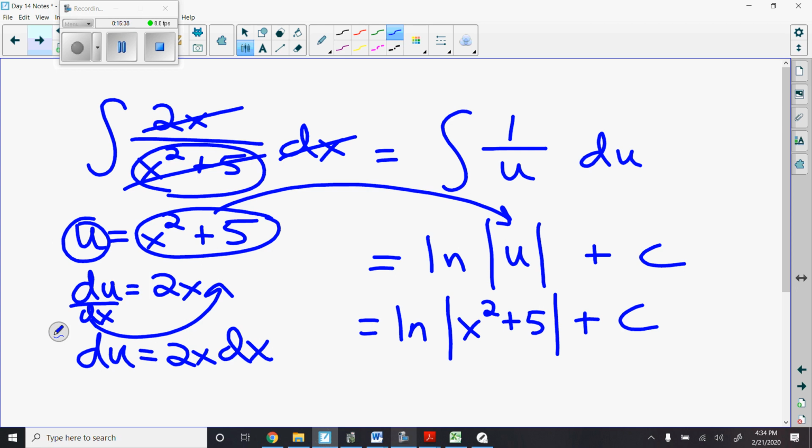So in fact, I can write this with just parentheses rather than absolute value brackets. Now, if it had said x squared minus 5, then that could be negative, and I'd have to leave the absolute value brackets.